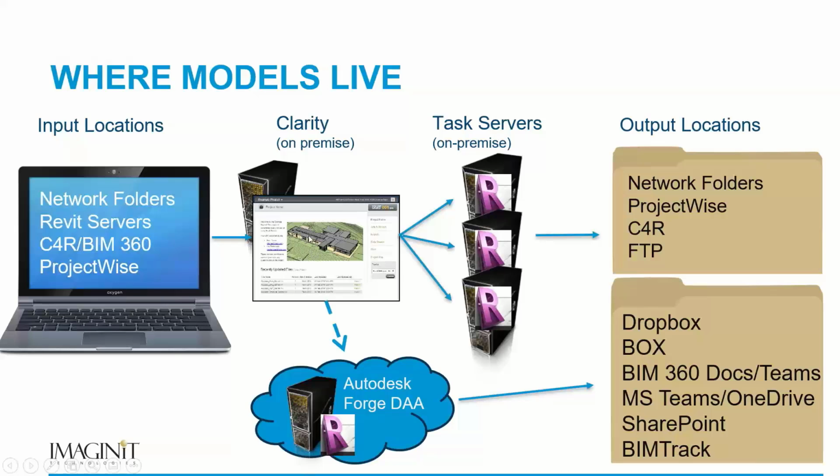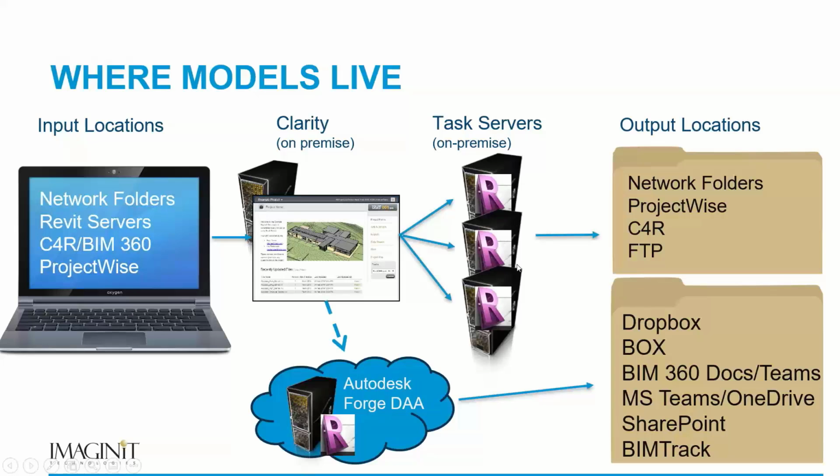And then Clarity will take those models, will watch them, will be able to schedule tasks or launch tasks and hand that work off to, as I said, one or more machines that you designate to do that Revit work. And we can even now hand off work to Autodesk Forge, which will do that work for you in the cloud, and you don't need to have any or as many of these on-premise task machines. And we think that's an area that will continue to grow over time.